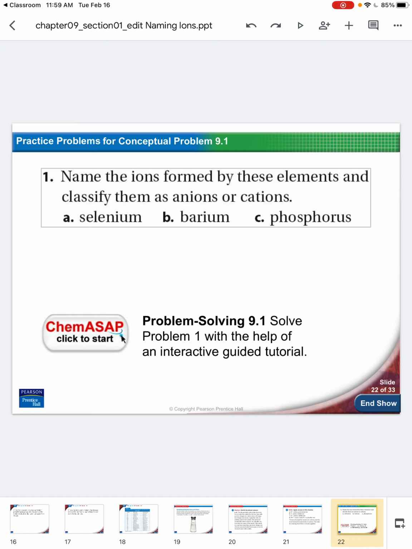But selenium, Se, if you washed your hair with Head and Shoulders or Selsun Blue, has selenium in it. And yes, it's group 6, so it forms a -2 ion called the selenide ion.